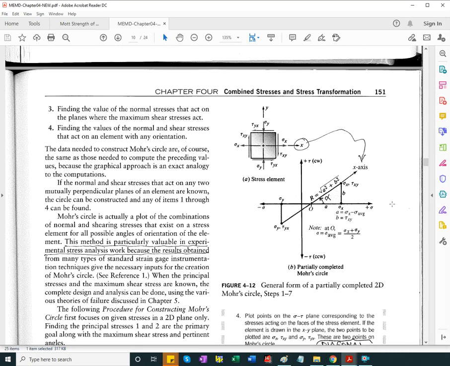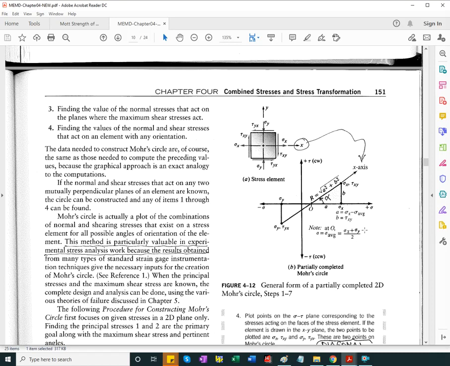We draw a reference orthogonal axis: sigma, positive to the right on the horizontal axis, and tau on the vertical axis, where positive is clockwise and will be up. Then we locate the center of the circle, which is on the sigma axis at the average of sigma x and sigma y.